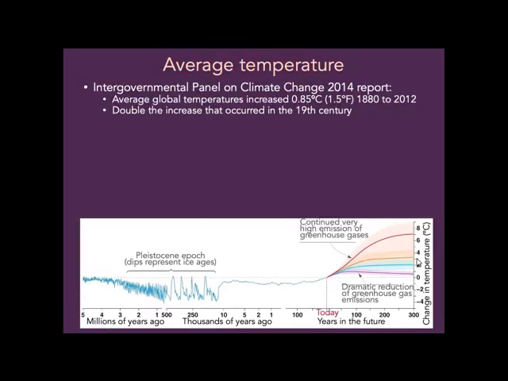This graph came from the Intergovernmental Panel on Climate Change, from their 2014 report. Average global temperature increased 0.85 degrees Celsius, or 1.5 degrees Fahrenheit, between 1880 and 2012. This is double the increase that occurred in the 19th century.